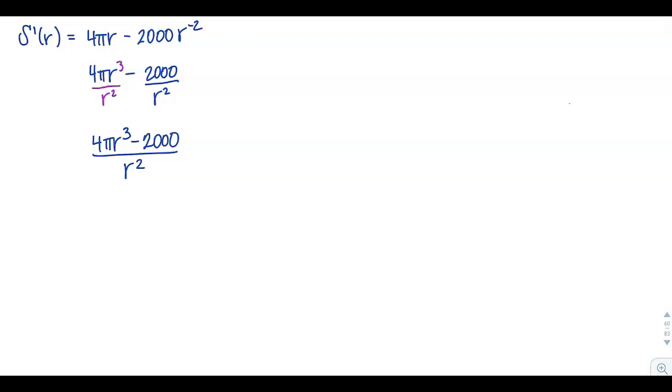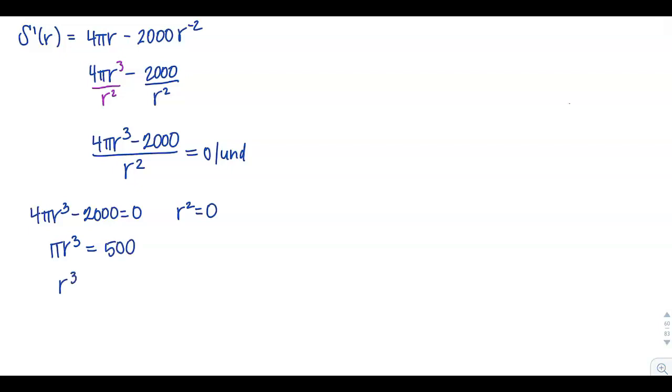And I want to know, where is that equal to 0 or undefined? So it's equal to 0 when the numerator 4 pi r cubed minus 2,000 is equal to 0, and undefined where r squared, the denominator, is equal to 0. So here we have pi r cubed would equal 500.